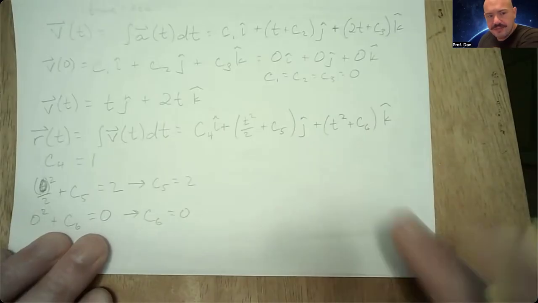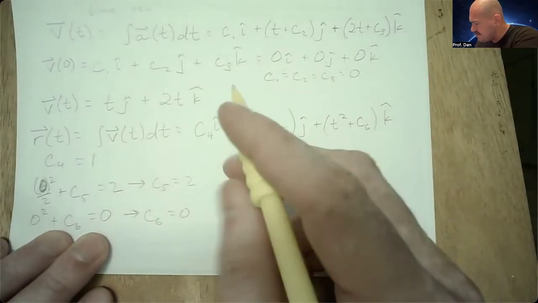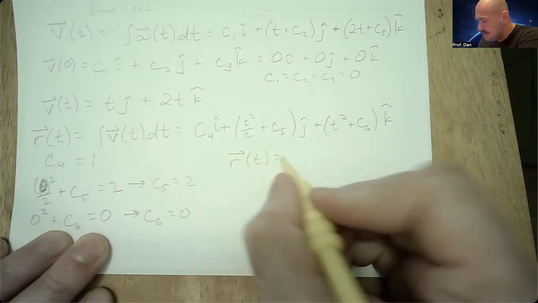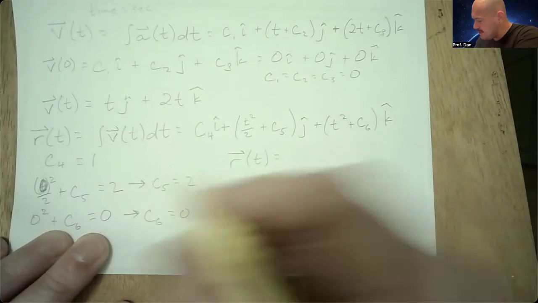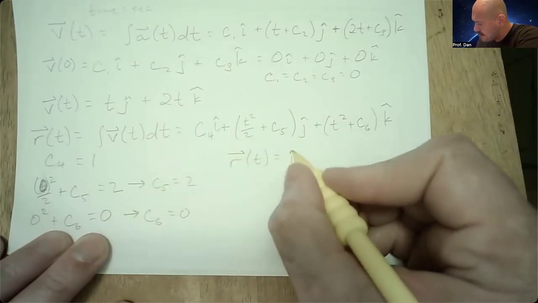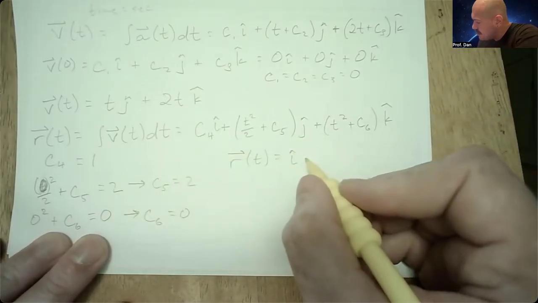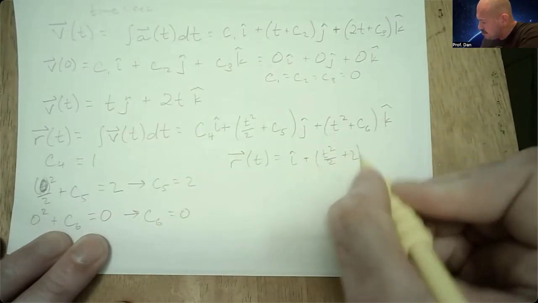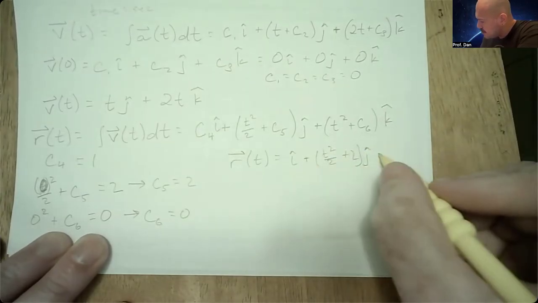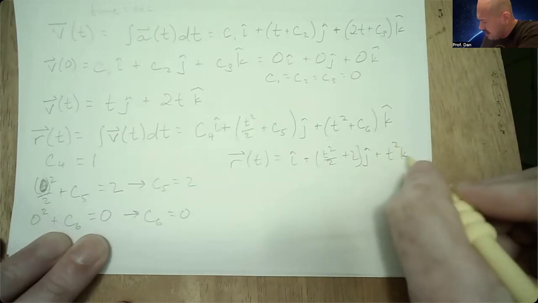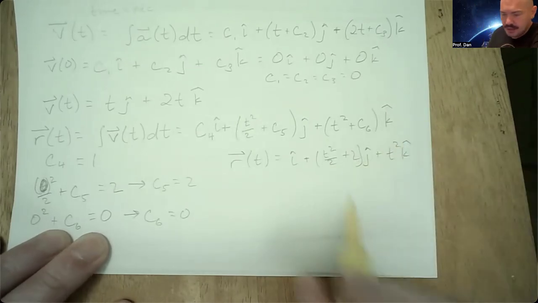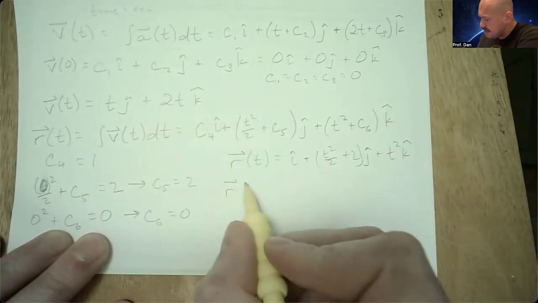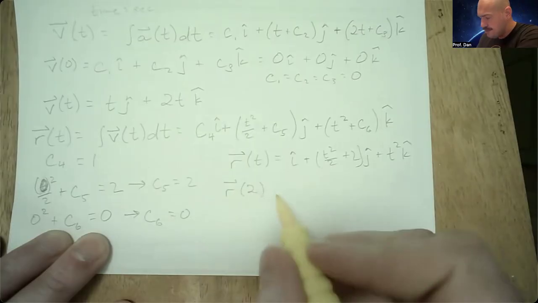So altogether, I know that the coordinate r of t for any value of t is given by the vector i plus t squared over 2 plus 2 j plus t squared k. Now, the question asked us to find the position of the object when t was equal to 2.